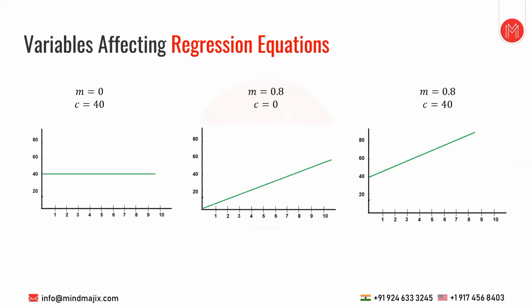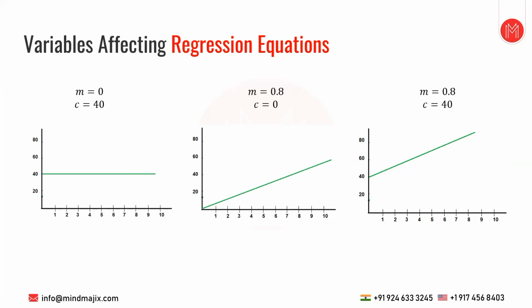In the first diagram we take m = 0 and c = 40. In the second one I take c = 0 and m = 0.8. But in the third diagram we have to combine everything, and based upon that we try to make a prediction.